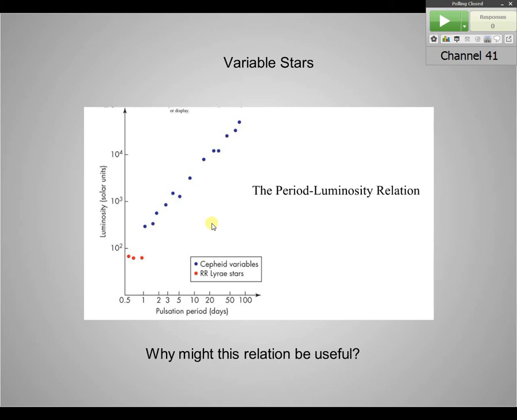And so from this period luminosity relation, I know that it's got to be this luminous. Just by measuring the change of brightness, I can tell how luminous it is based on its period of change of brightness. So why might this be useful? Can you think of a situation in which that might be useful? Why would it be useful to know the star's luminosity?